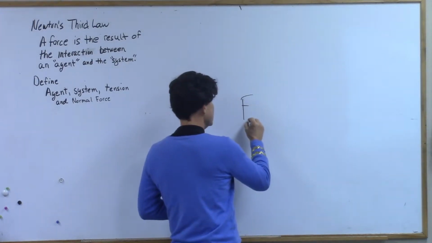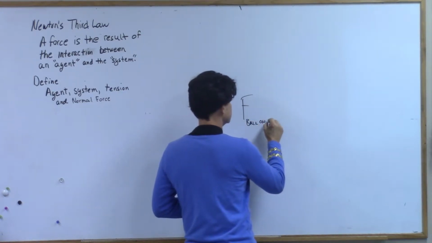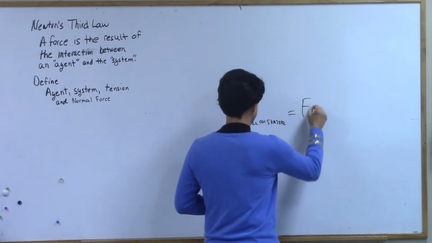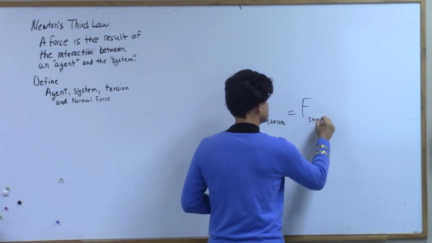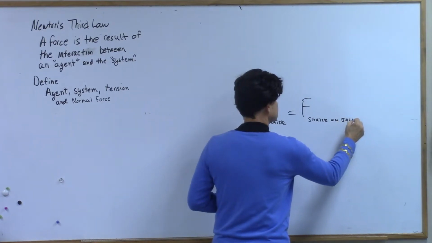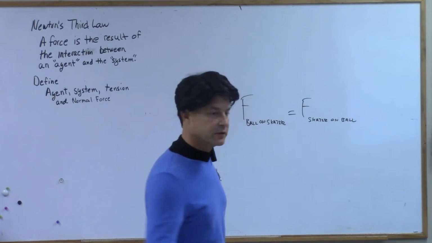The force of the ball on the skater was equal to the force of the skater on the ball, but that force was expressed through different objects.